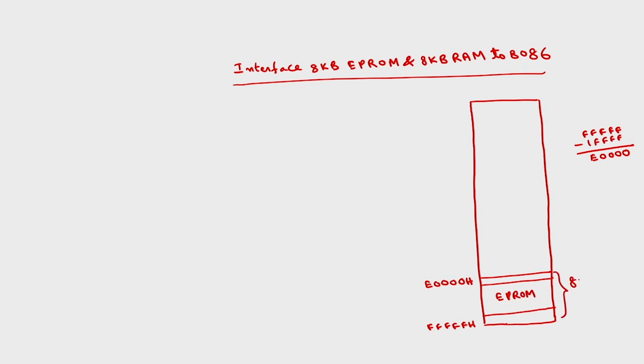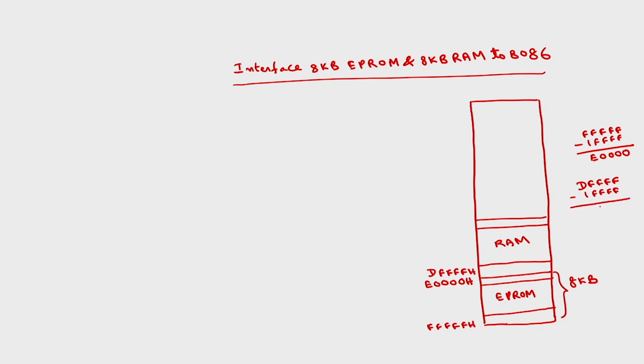This is a total of 8 kilobytes, and I want to interface RAM just above this EPROM. So the address which is 1 less than this one will be DFFFFH, and to get the starting address you have to subtract 1FFF. DFFFFH minus 1FFF will be C0000H.